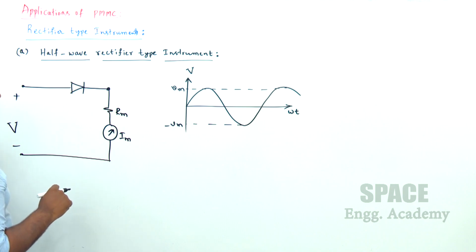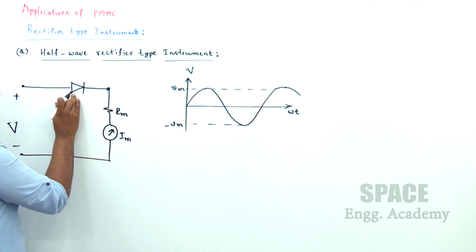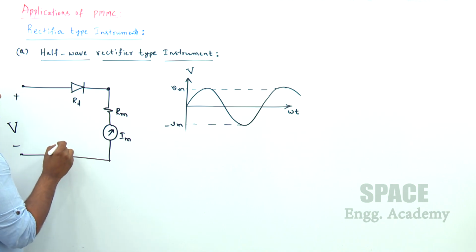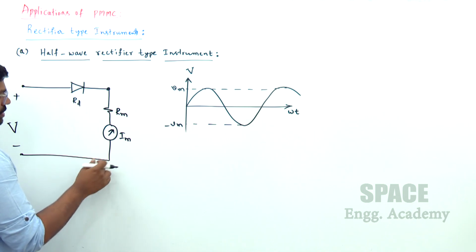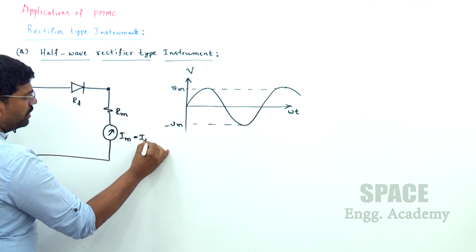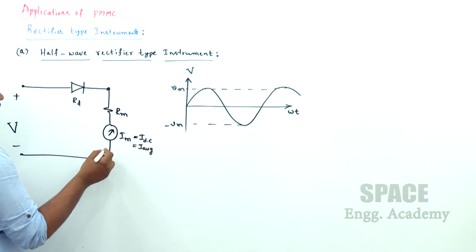Look into this observation, the diode may have some internal resistance RD, which I am considering. Look into this. This is the DC quantity, or you can say it is the average current.